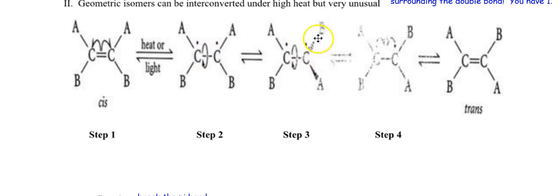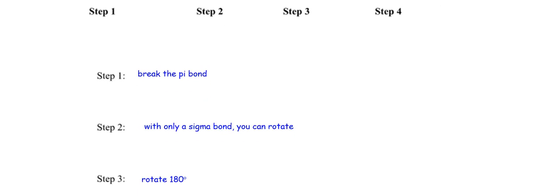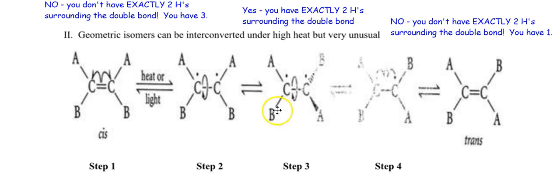Guess what you can do? You can rotate the sigma bond 180 degrees. What ends up happening is that the A and the B can swap places now.